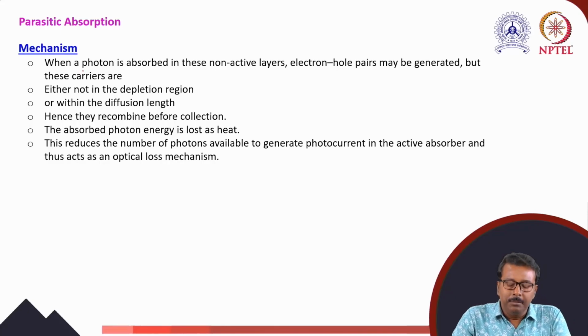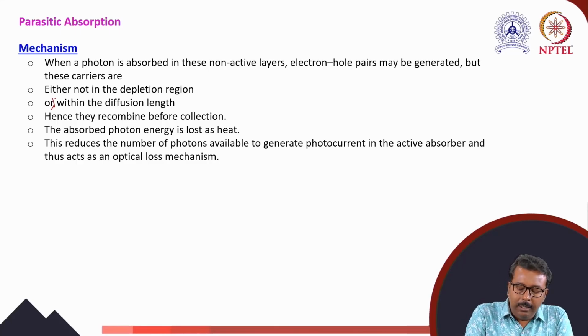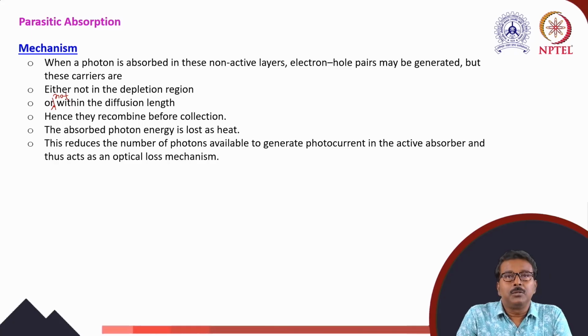So what is the mechanism of parasitic absorption? When a photon is incident on or absorbed in these non-active layers, electron hole pairs are generated, but they are either not in the depletion region or not within the diffusion length.